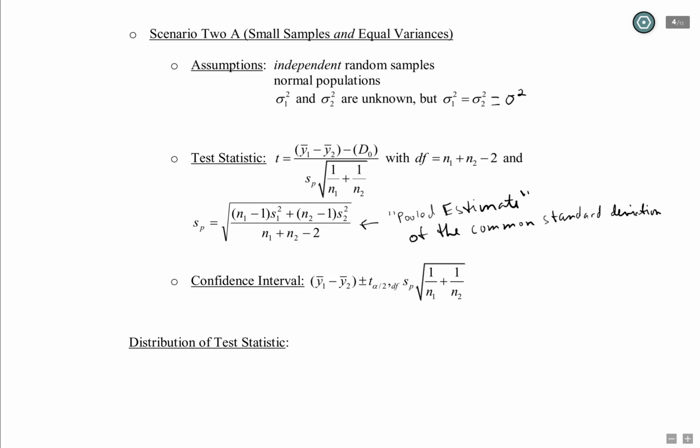As a result, what we have here is a pooled test. Let me make a note of that: this procedure under scenario 2 is called a pooled t-test.